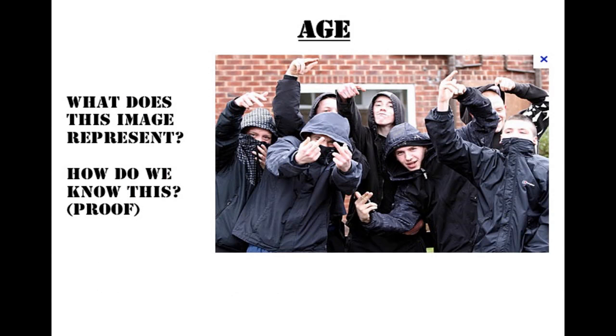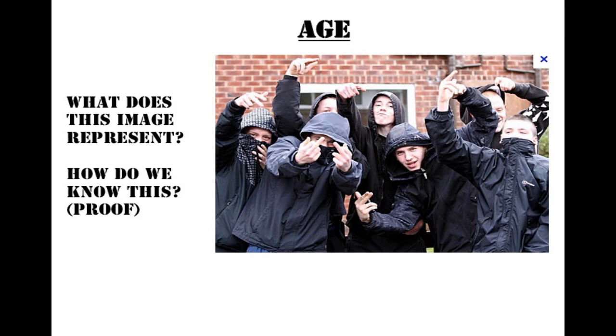Okay, so age. Now, what does this image tell us about age? What does it tell us about teenagers? If we look at the denotation of this image, we can see teenagers, chavs, giving the finger, hoods up, hoodies, not wanting to be identified, etc. So what this represents, we could say, is teenagers, young people, as thuggish, criminals, chavs, no good for society.